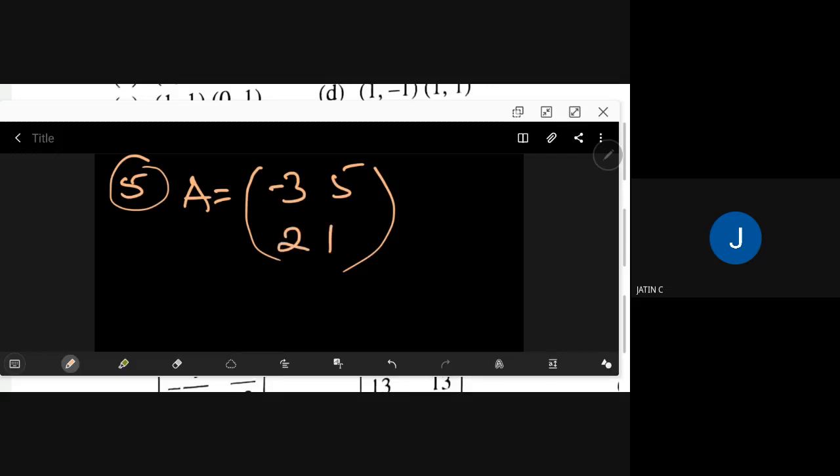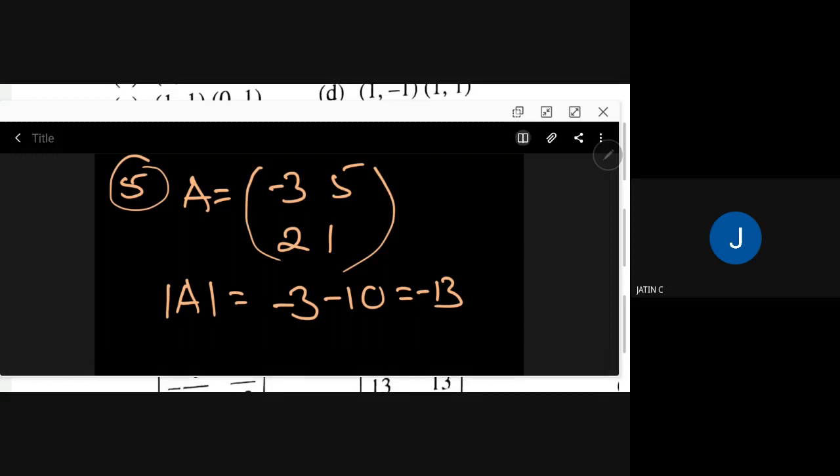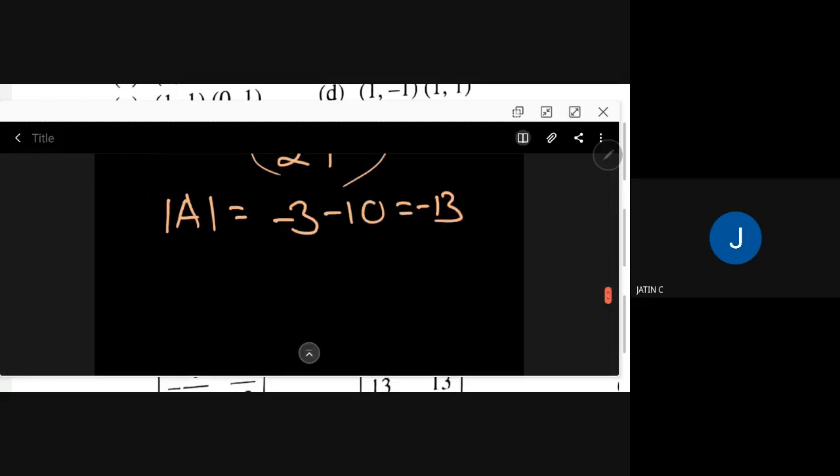So if we apply, first we need to calculate the determinant. The determinant is minus 3 minus 10, so it is minus 13. Then we have discussed at the beginning what A inverse is.